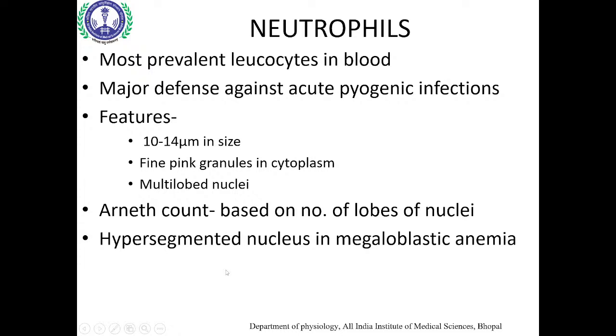Now coming to the most abundantly present cells in the blood, that is the neutrophils. If we talk about the leukocytes, right? And they are the major defense against acute pyogenic bacteria. Pyogenic का क्या मतलब होता है? Pus forming. ठीक है, all those bacteria which lead to like staphylococcus, streptococcus, these all are pus forming bacteria. You will be learning more about them in your microbiology, right?